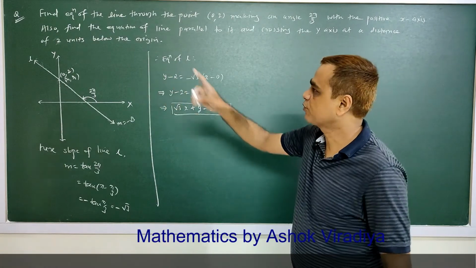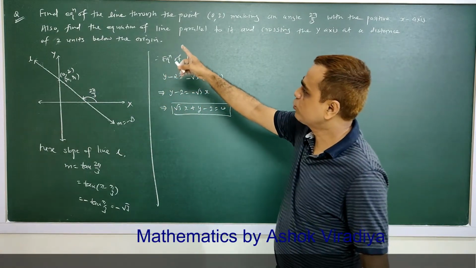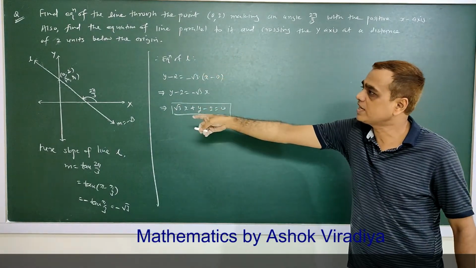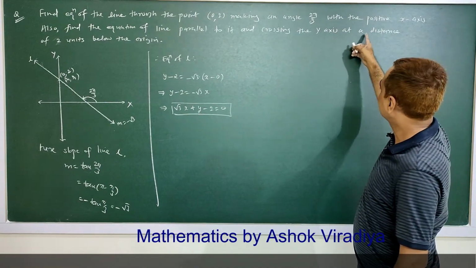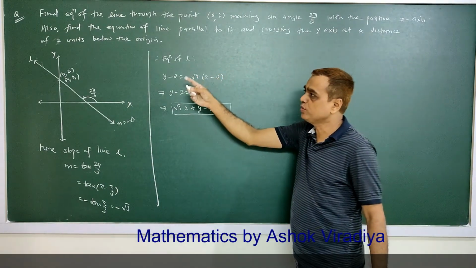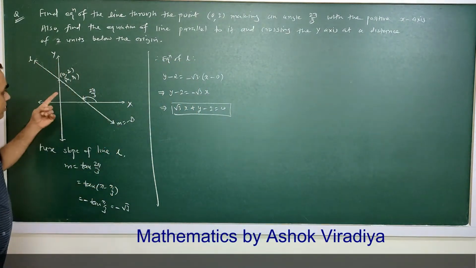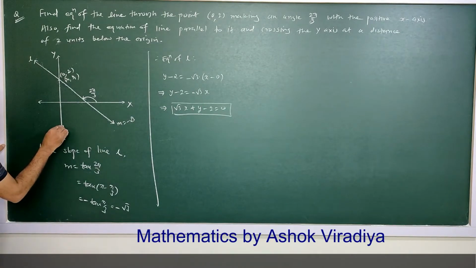Now the next part of the question. Also find the equation of the line parallel to this line L and crossing the y-axis at a distance of 2 units below the origin. Now 2 units below the origin, the point is (0, minus 2).